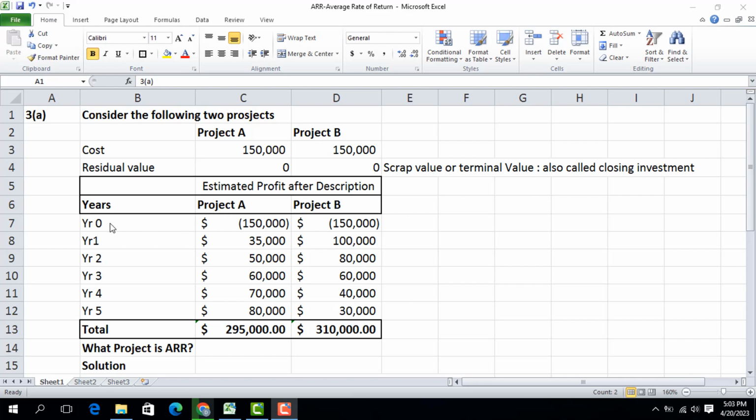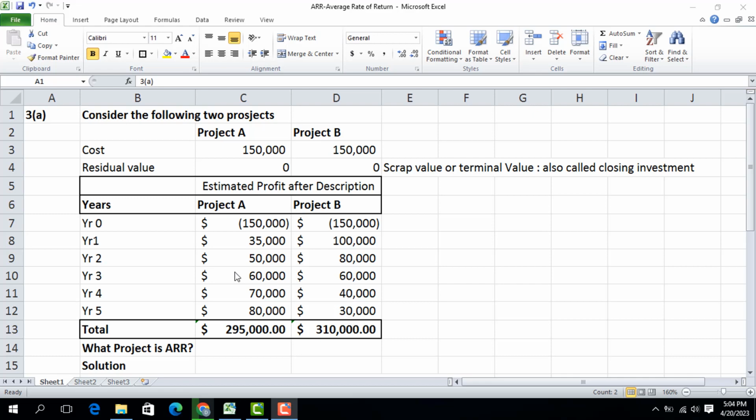So in year 0, which is the initial year, you are going to invest in project A and project B amounting to 150,000, the same for both projects. In the subsequent years, year 1, year 2, year 3, year 4 and year 5, the cash flow streams for project A are 35,000, 50,000, 60,000, 70,000 and 80,000, and for project B they are 100,000, 80,000, 60,000, 40,000 and 30,000.